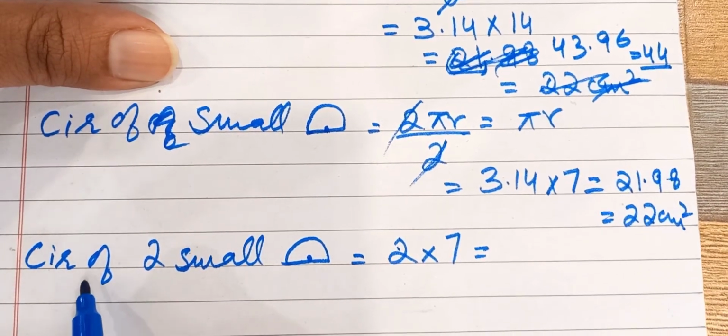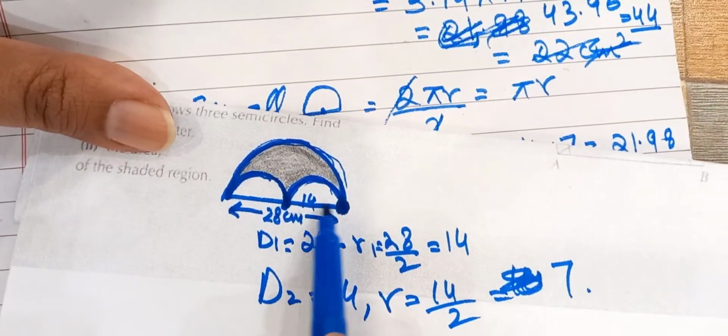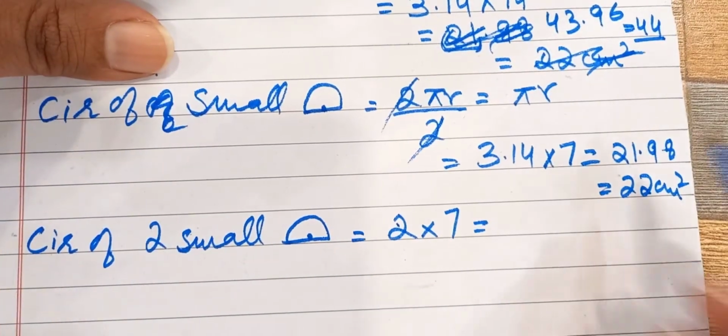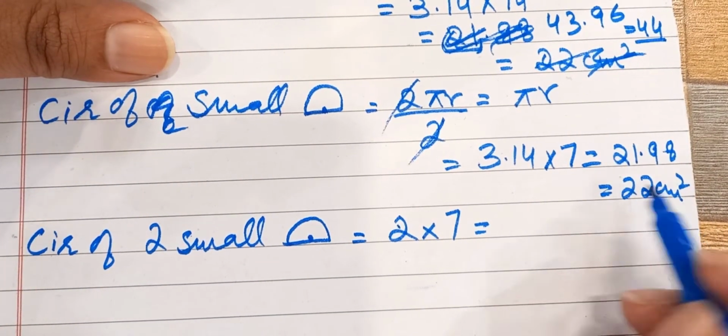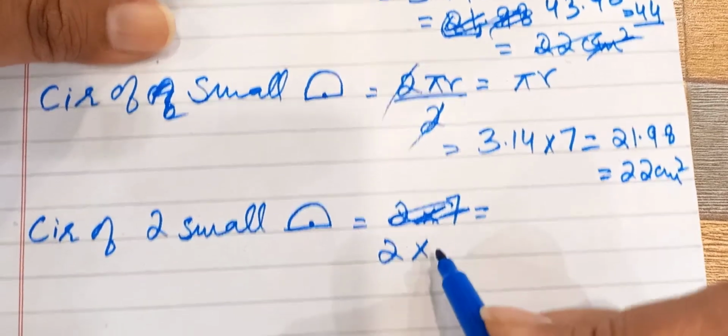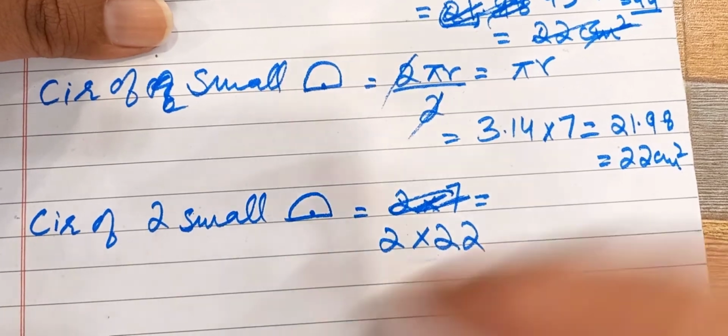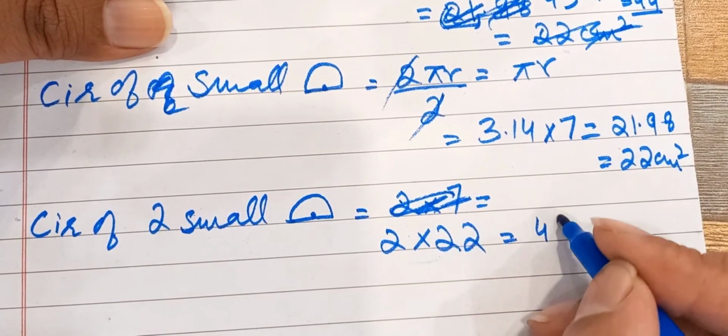As we have to calculate the circumference of two small semicircles, this and this, I'll multiply this dimension with 2, which is 2 into 22, equivalent to 44.